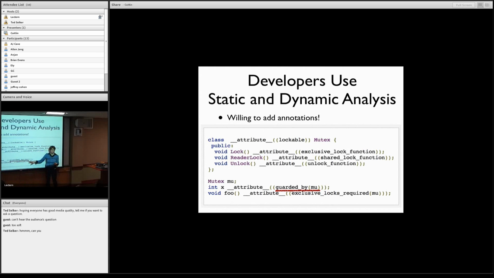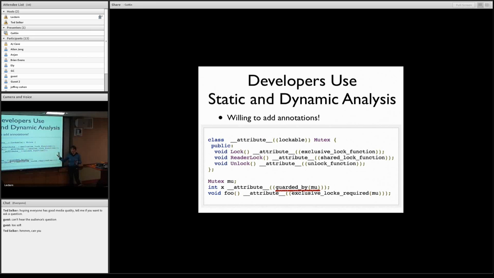So this analysis had previously been implemented in GCC, somewhat working. And people have actually been using it at Google for the past couple years. In 1 month, I can't tell you which one, I saw that there were 18 bugs fixed at Google as a direct result of this analysis.